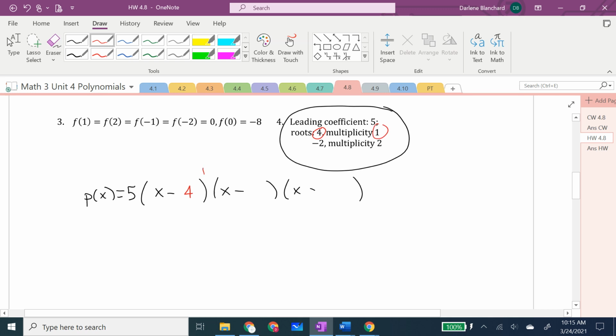I don't need to write this one, but I'm just emphasizing it. And then a root of -2 with a multiplicity of 2. And that's it, so I don't need this next parentheses. So this is my polynomial. From here, it is just a matter of multiplication.